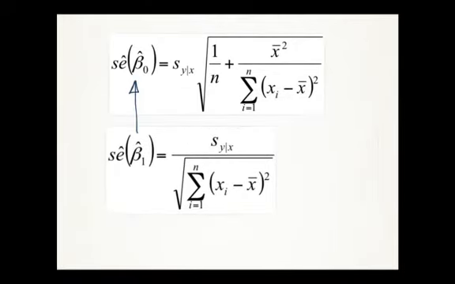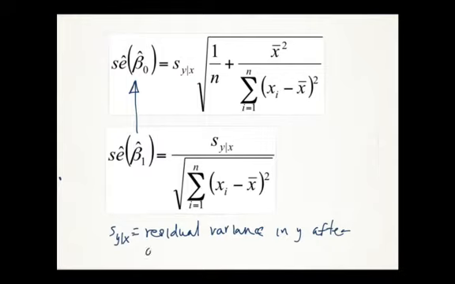Both of these terms involve this term s sub y given x, and that is equal to the residual variance in y after accounting for x. This is sometimes called the standard deviation from regression. It's sometimes called the root mean squared error. But here we use this notation s sub y given x.